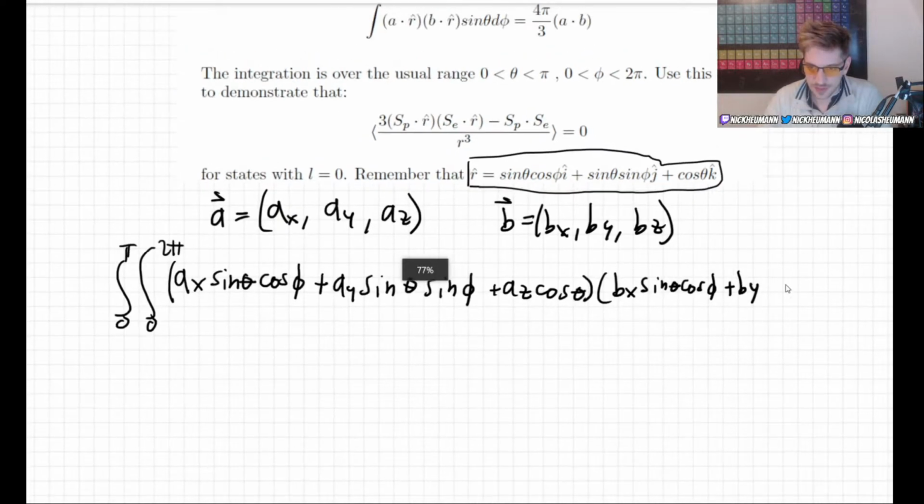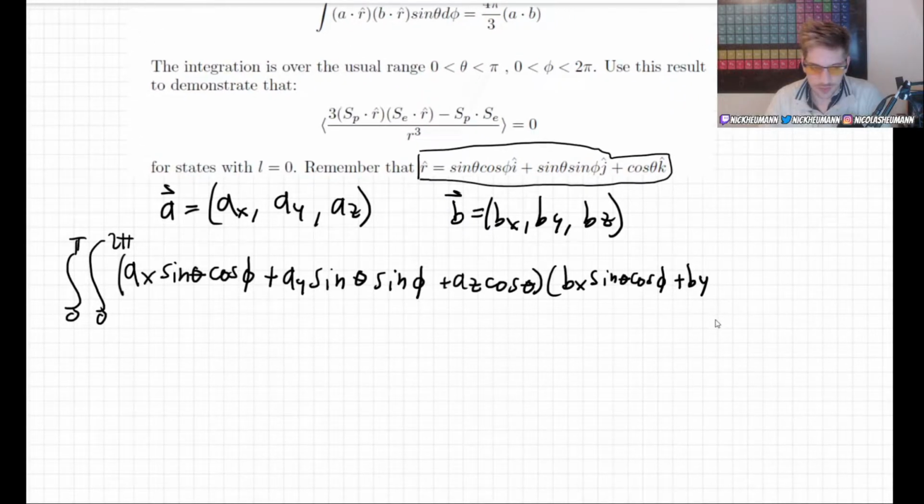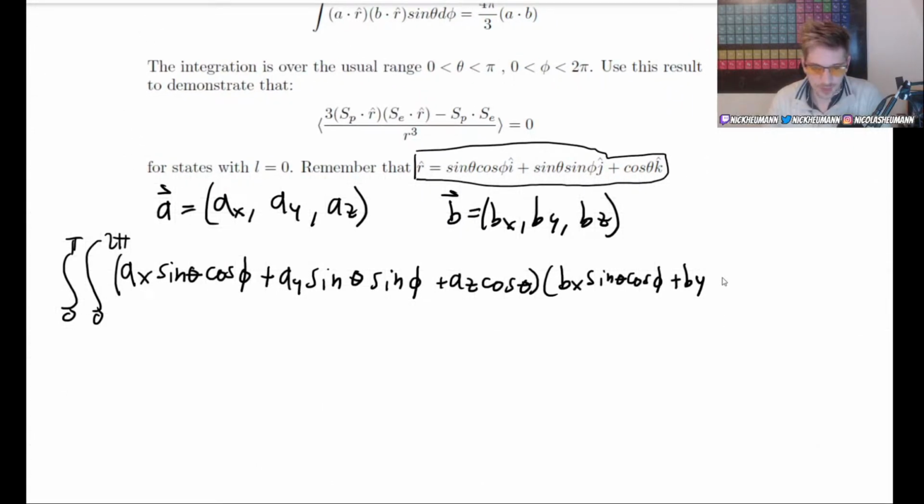Maybe let's zoom out just a little bit. I'm not sure if I have enough room. Okay, so b_y sine theta, whoops, sine, not cosine, sine phi, and finally plus b_z cosine theta.